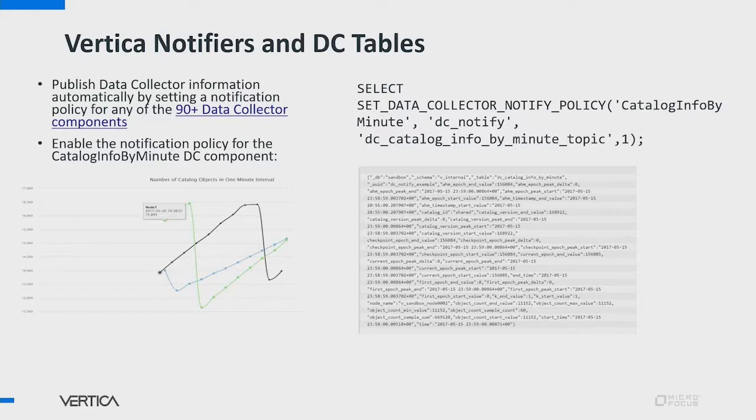So we specify the DC component, then the notifier name. The third option is the Kafka topic, and then we enable this collector notify policy. That's how Vertica extended monitoring uses Vertica notifiers to stream data from Vertica to the management console database using Kafka.